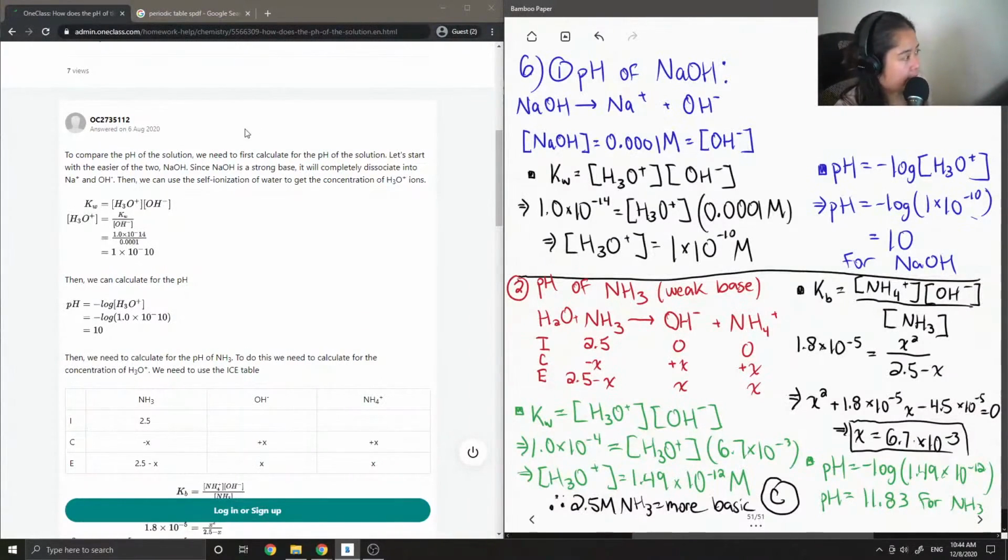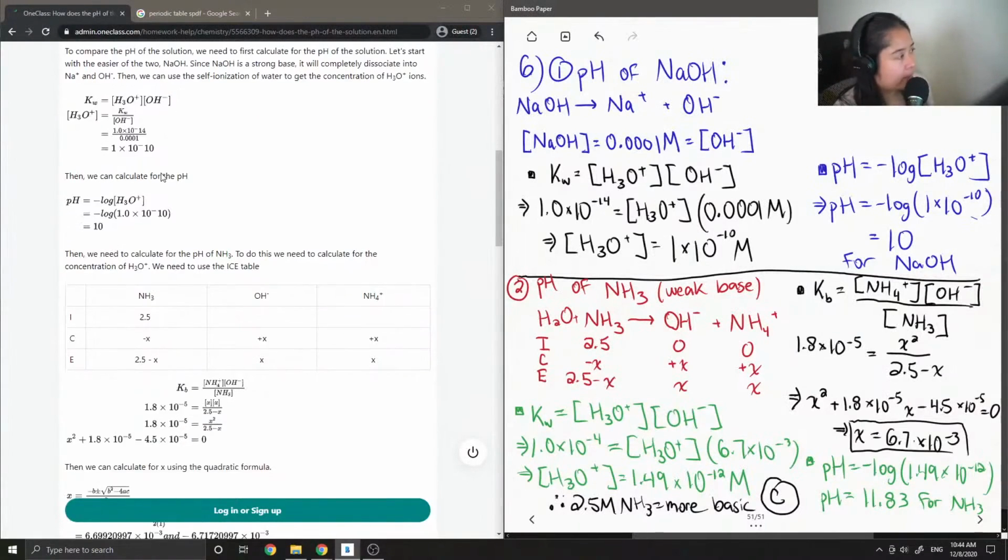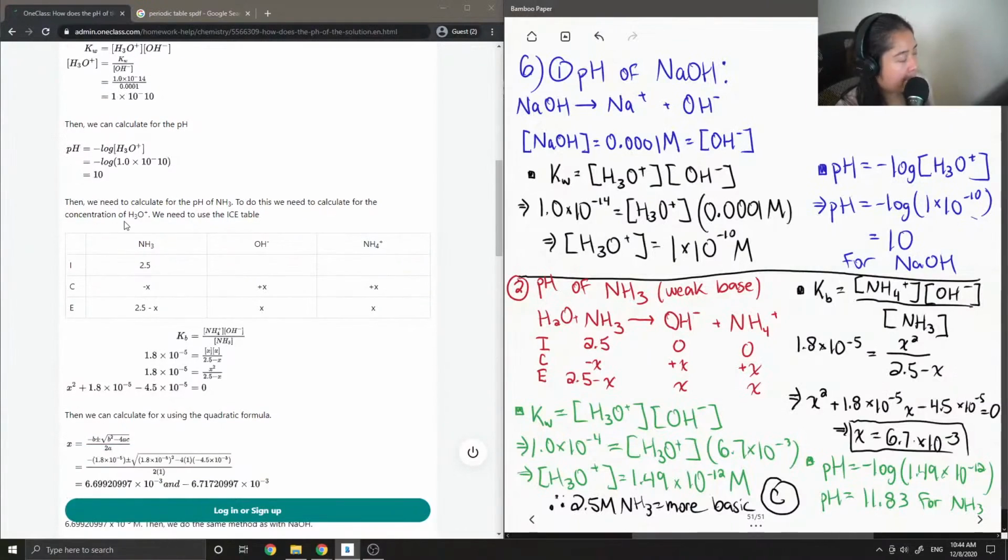So Kw is equal to the concentration of H3O plus times the concentration of OH minus. So they got 1 times 10 to the negative 10, and they got a pH of 10. Then we need to calculate the pH of NH3. To do this, we need to calculate the concentration of H3O plus, and we need to use the ICE table.